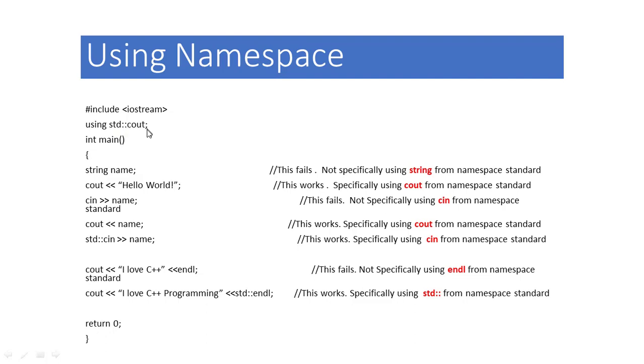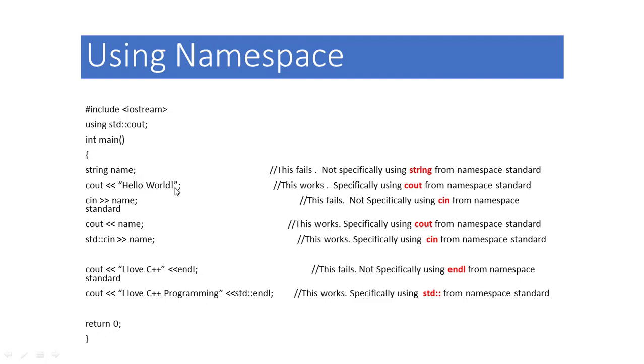That is the standard namespace. So if we run this application now, we will also get some error messages, or we can even look at it to see what possible error messages we would get. String name, this will fail. It is not specifically using string from namespace standard.